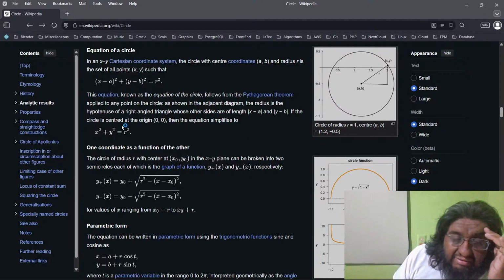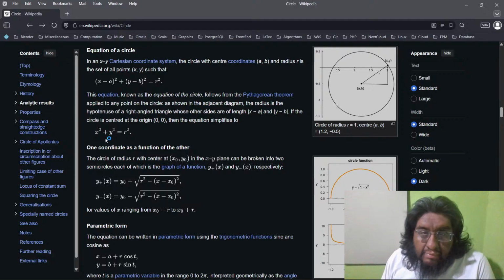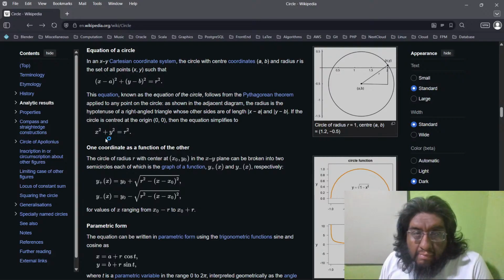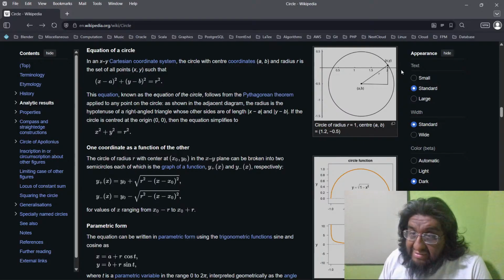If the circle is centered at the origin, then the equation simplifies. Okay, this equation is for any given point on this curve.